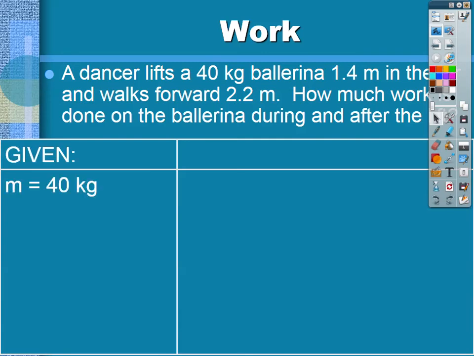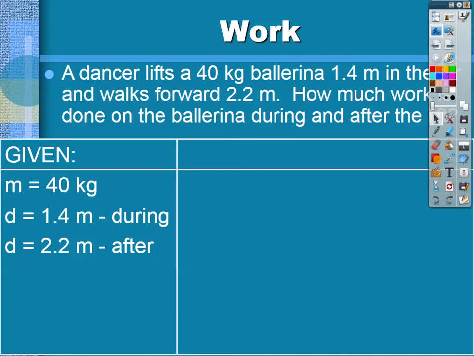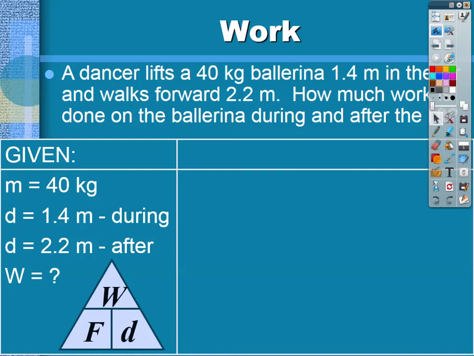If I look at what's given, the mass of the ballerina is 40 kilograms. I'm going to have to change that to weight because it has to be a force being applied. During the lift, I lift her 1.4 meters, and then we carry her 2.2 meters forward while she's up in the air. So first we have to find the force.